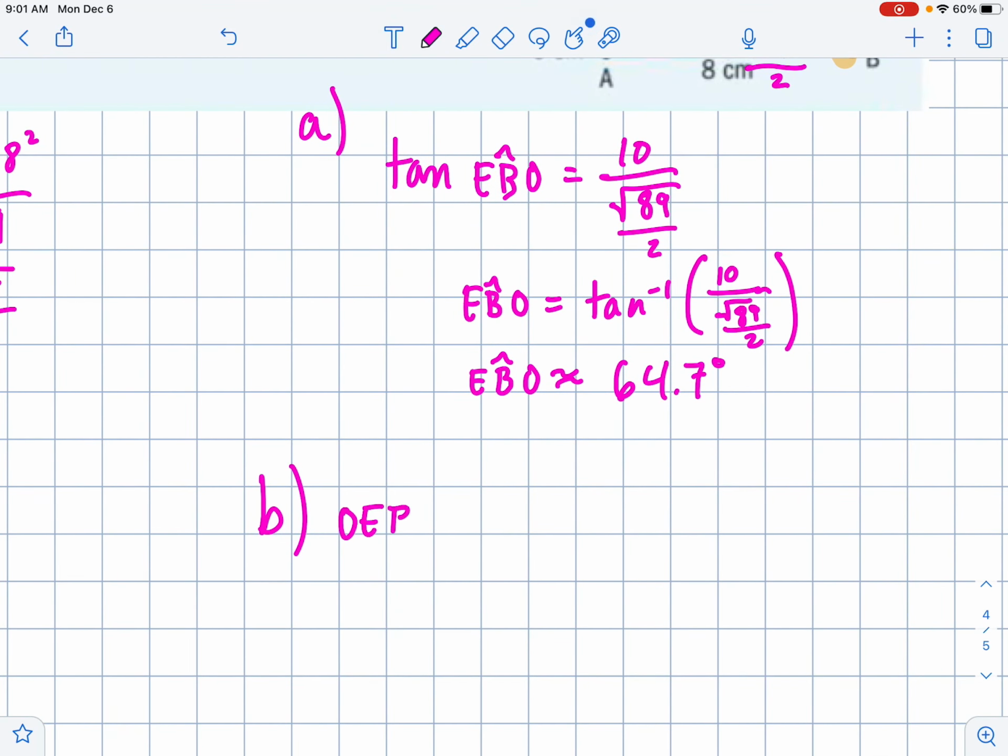So OEB is equal to 180 minus 90 minus 64.7 degrees, which is 25.3.